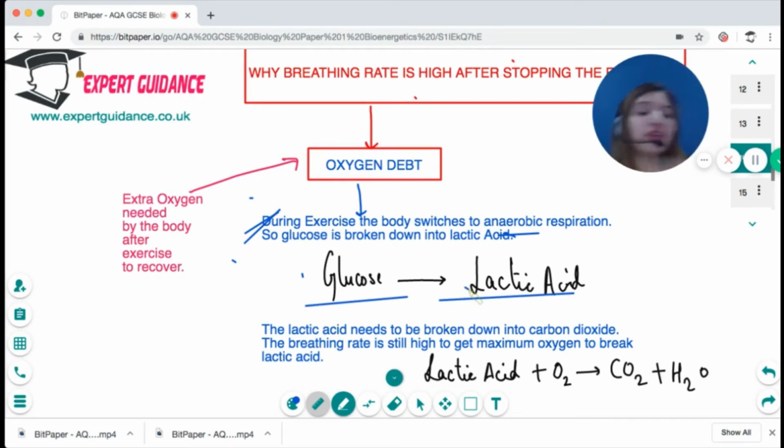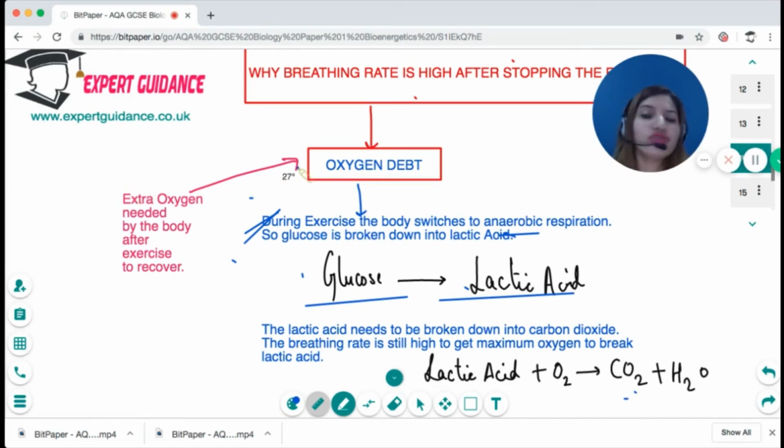When developed in greater quantity, this lactic acid can cause muscle fatigue and soreness. But this lactic acid cannot be stored. It needs to be broken down back into carbon dioxide and water with oxygen. So your body has an oxygen debt: even after you have stopped exercising, your breathing rate will continue to be high until this lactic acid gets broken down into carbon dioxide and water. So this is what happens after exercise.